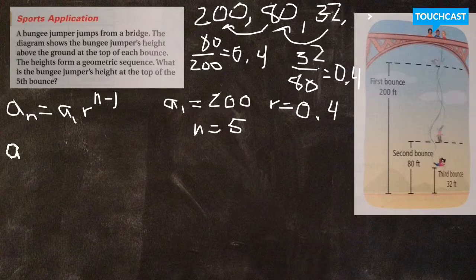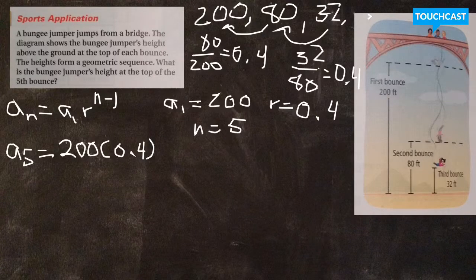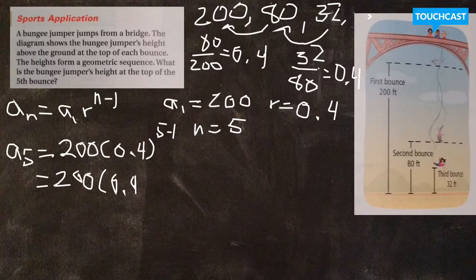Now we're going to plug each of those numbers, a sub 1, r, and n, into our formula. So we're looking for a sub 5 is equal to 200 times 0.4 to the 5 minus 1, or 200 times 0.4 to the fourth power.